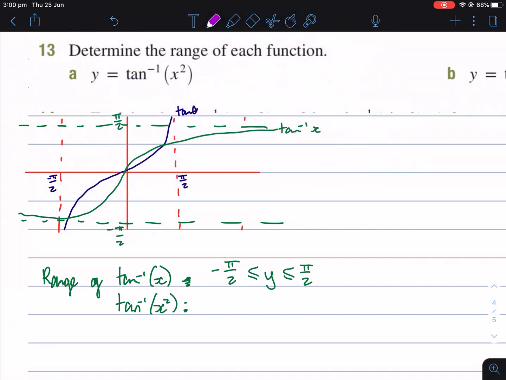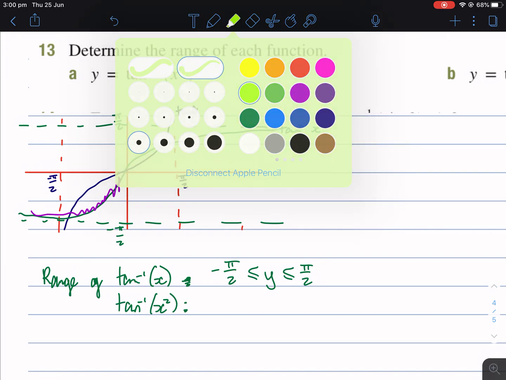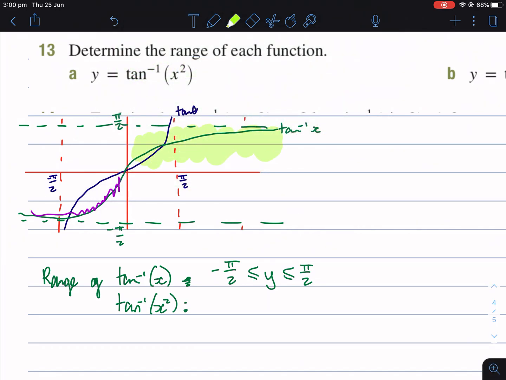to have any negative values anymore. So it's going to look different, but it's still just going to be up here.